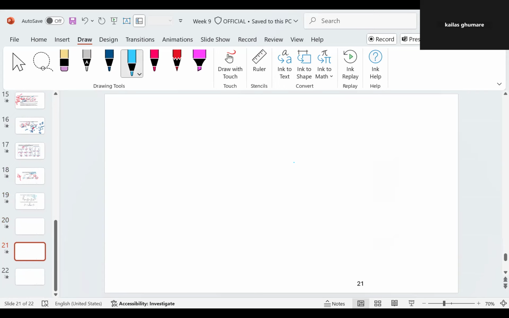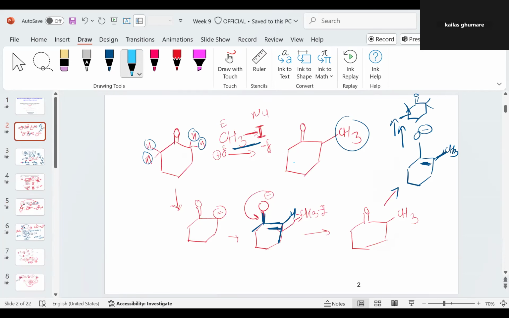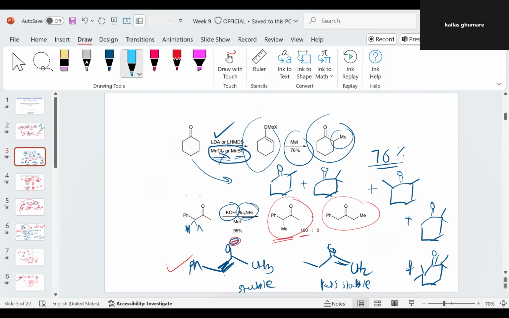So as of now, what we have discussed in this lecture: although alkyl methylation looks quite straightforward, that's not the case, because if you simply want to perform monomethylation, there are different catalysts that we need to use.